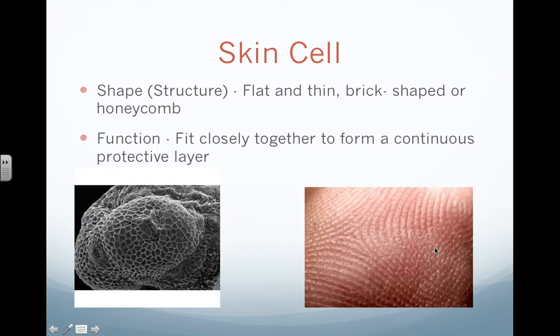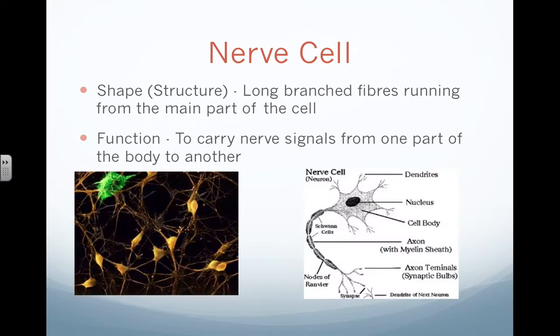If you take a closer look, they're almost like a brick shape or a honeycomb shape. The outer layer of these cells form into our tissues eventually that are going to be the protective outer layer of our body.